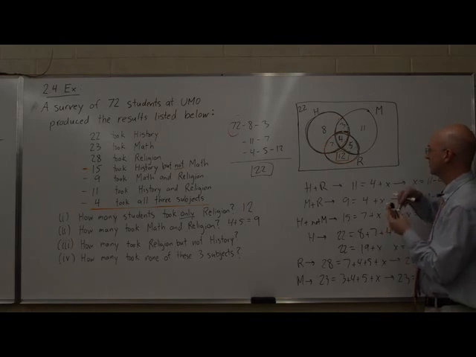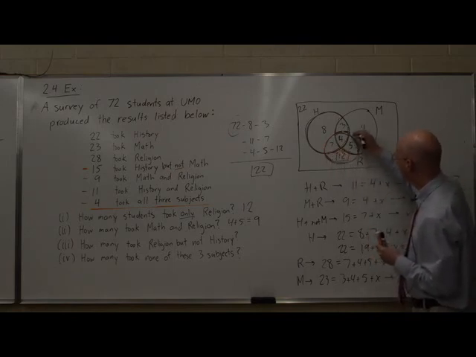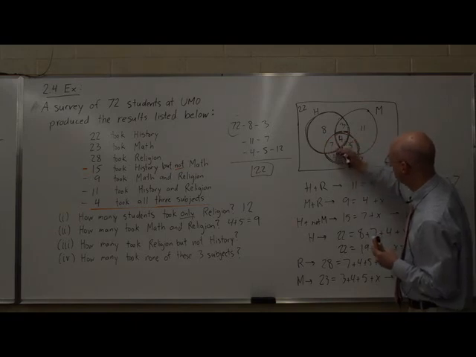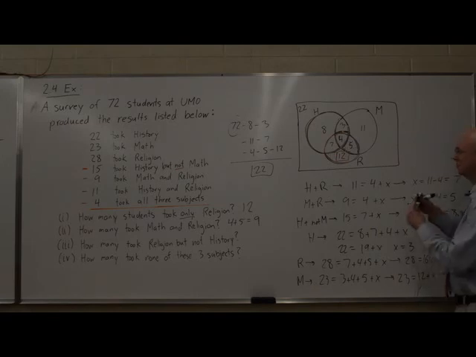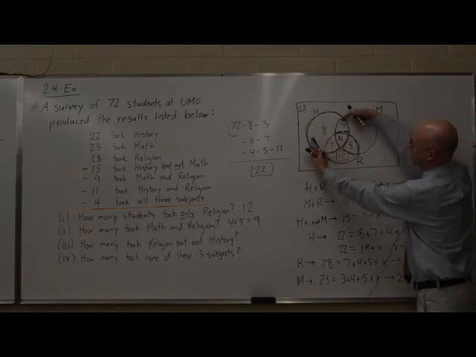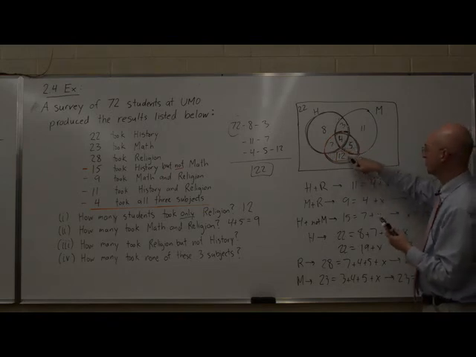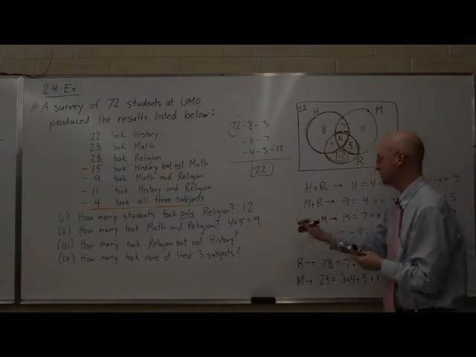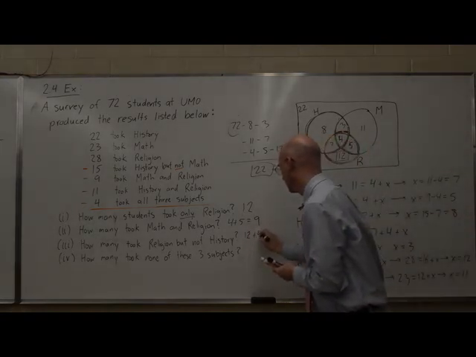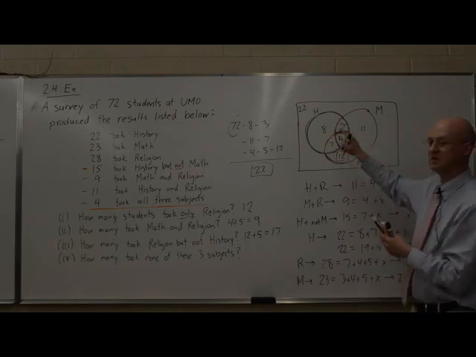And so to clarify that, this part of the circle would be the religion circle, but not touch the history circle. That involves two parts of the 4 parts, 12 and 5. So 12 and 5 add up to 17. So there were 17 people that took religion but didn't take history.